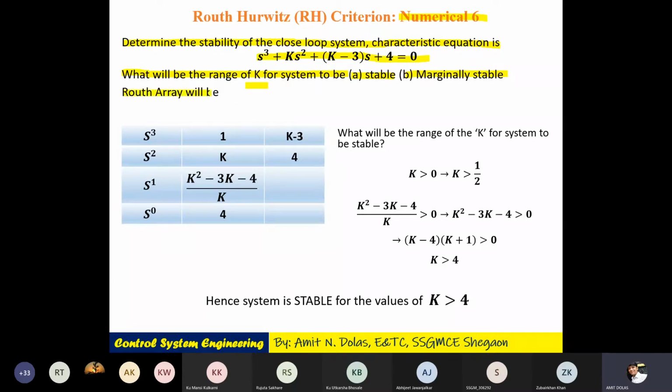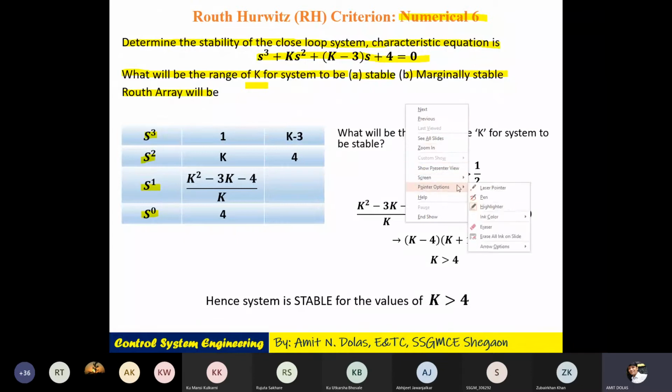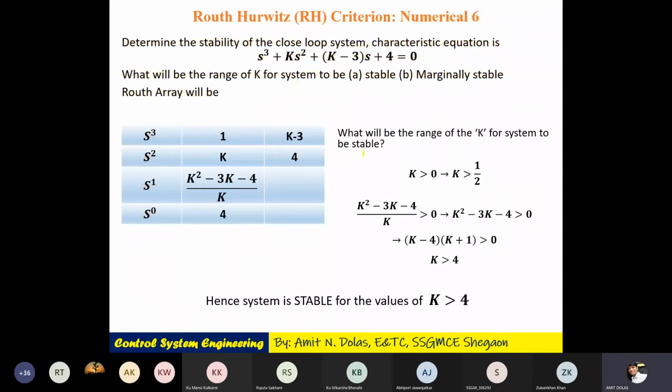So the Routh array will be like this. I have 3 orders, so s cube, s square, s1 and s0. So I'll put even and odd coefficients of the polynomial. For s cube there is 1, and then for s there is k minus 3. So I kept 1 and k minus 3 here. And for s square we have k, and for s to the power 0 we have 4. So k and 4 is written here.